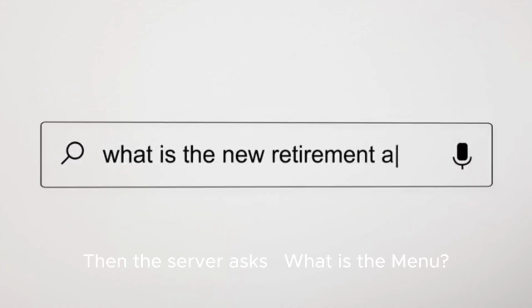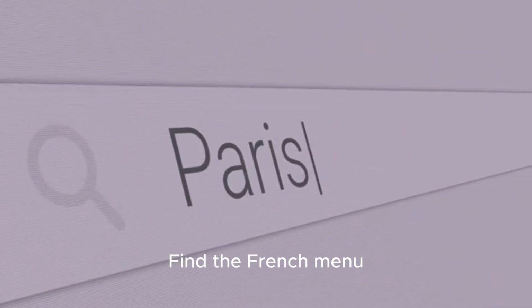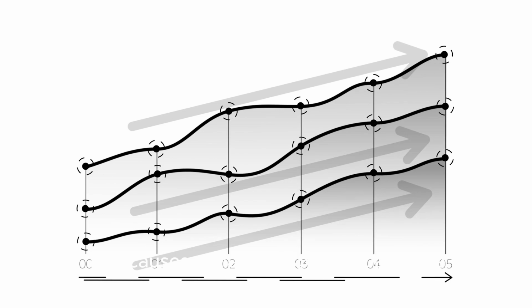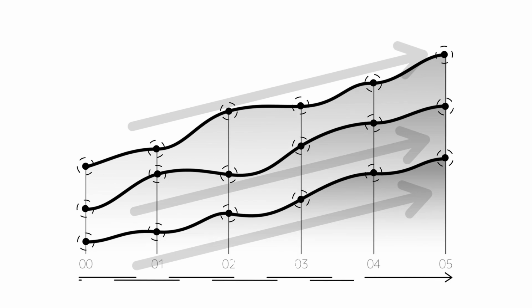Then the server asks, "What is the menu?" The plugin interrupts again. Find the French menu. For every single word on your page, the server has to do double or triple the work. This causes a massive spike in database queries.